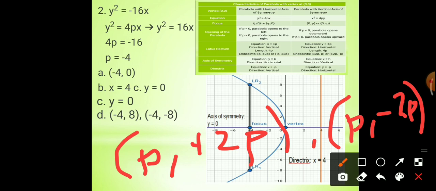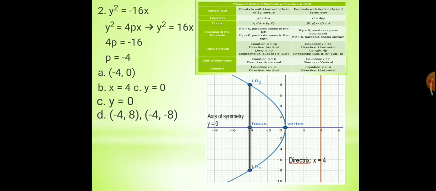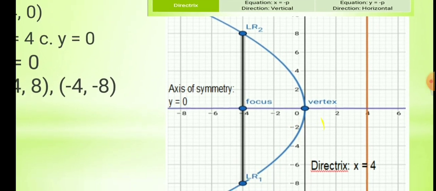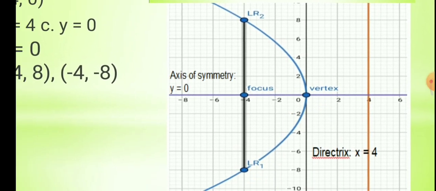We just need to substitute the value of p, which is negative 4. 2 times negative 4 is negative 8. Negative 2 times negative 4 is positive 8. So we have the endpoints of the latus rectum at (negative 4, 8) and (negative 4, negative 8). This is the graph of the equation y squared is equal to negative 16x.